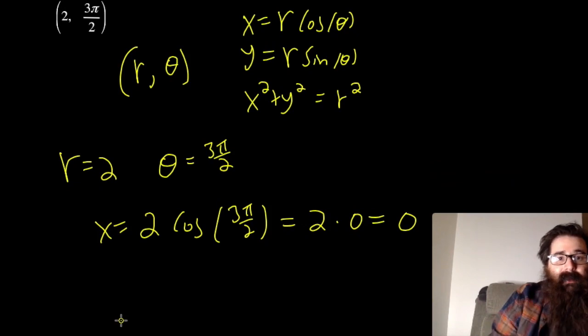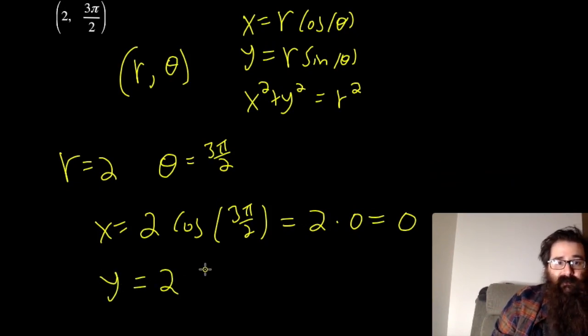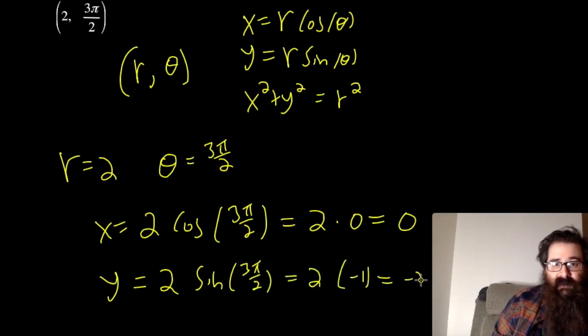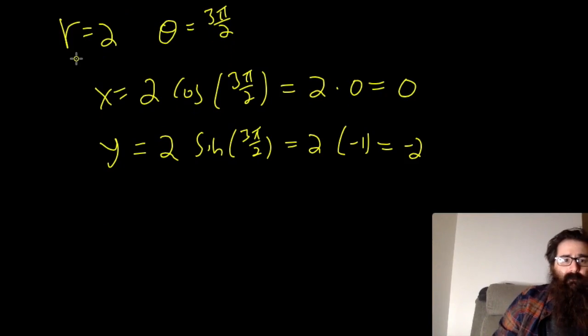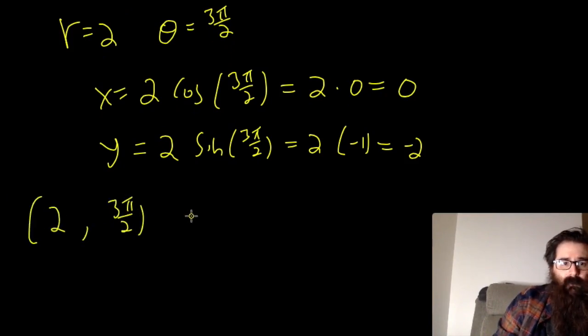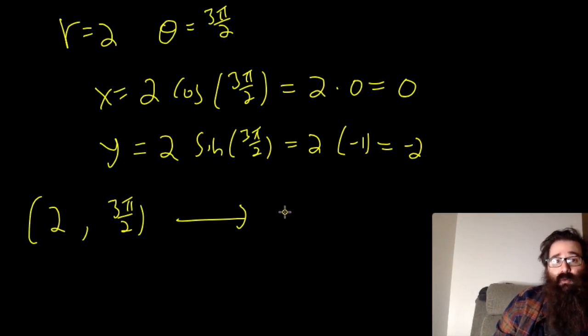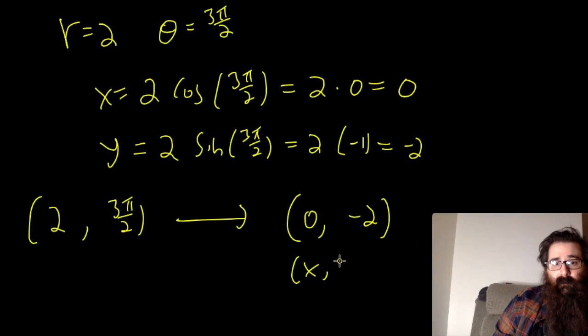And y is going to be r times sine theta, so that's 2 times sine of 3 pi over 2, or that's 2 times negative 1, which is negative 2. So this polar point that we had, 2 comma 3 pi over 2, I can think of this in a Cartesian coordinate system as the point 0 comma minus 2, x comma y.